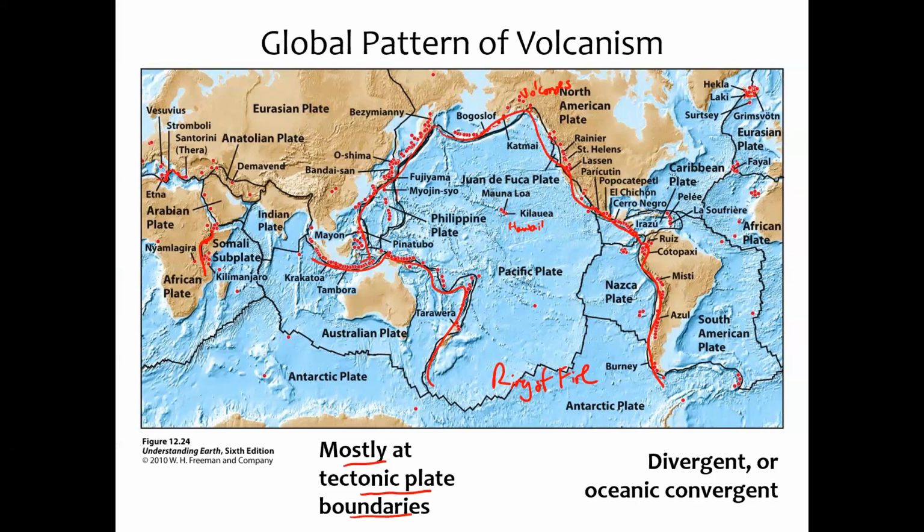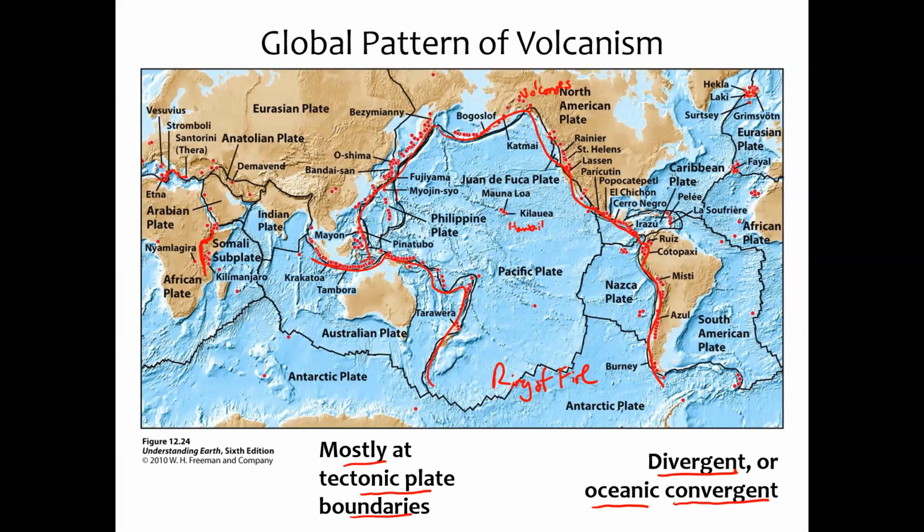And those are all at plate tectonic boundaries, mostly either divergent plate boundaries, like in Iceland, like the center of the Atlantic, like the East African Rift Zone. Either continental or oceanic divergent boundaries can have volcanoes. Or they are at spots that are convergent boundaries that involve at least one plate being oceanic.